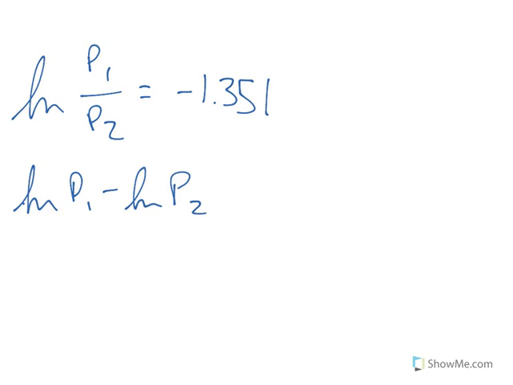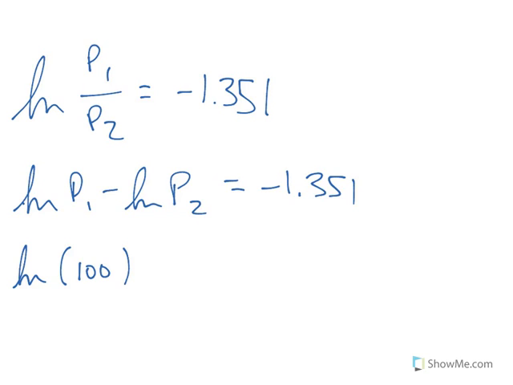The ln of P1 over P2 is equal to the ln of P1 minus the ln of P2. And that's still equal to negative 1.351. And we know the value of P1, so we can actually plug that in. And P1 was 100 millimeters of mercury.